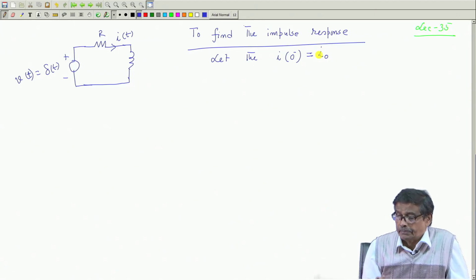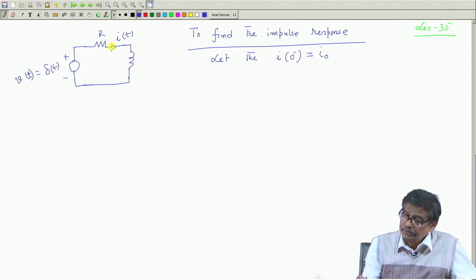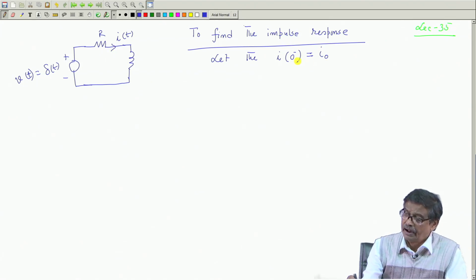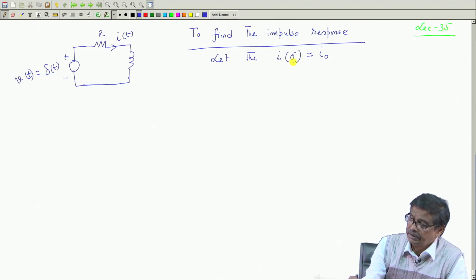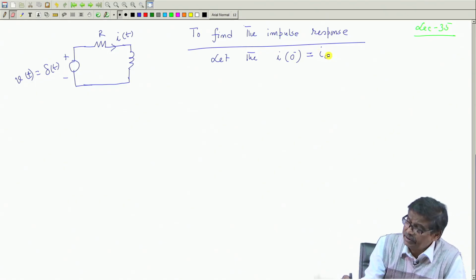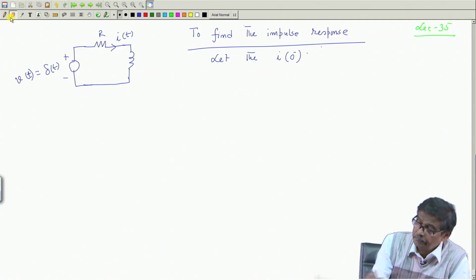But let us see what happens here. So, let I0 minus be the initial current.